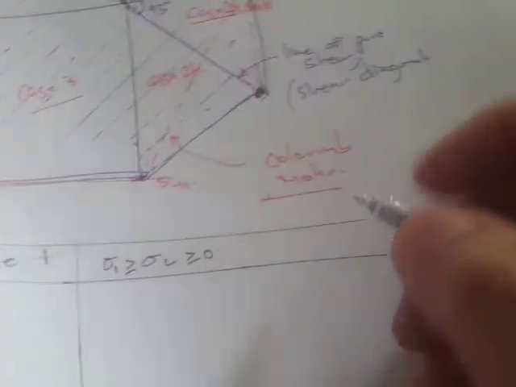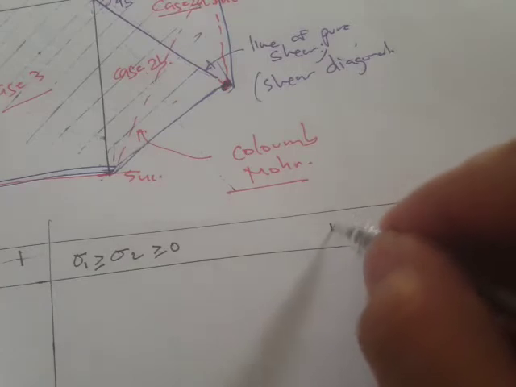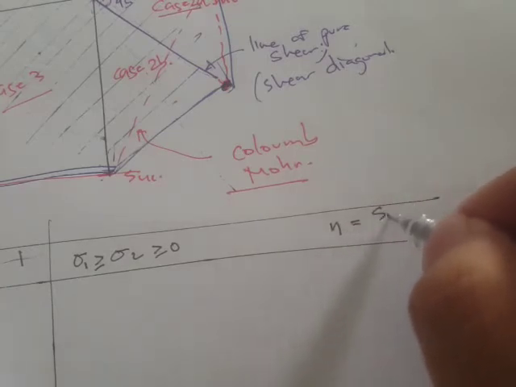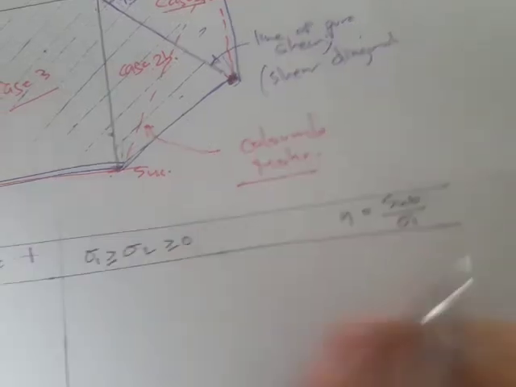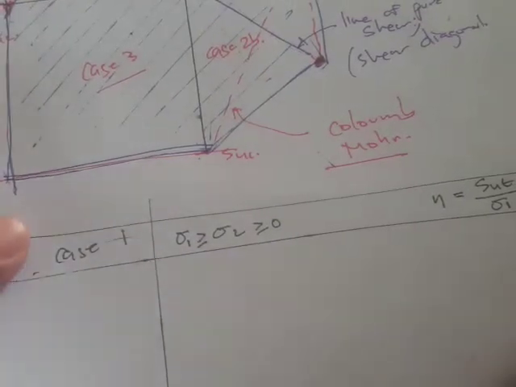If that's the case, then the equation for the factor of safety is simply n is equal to SUT over sigma 1.